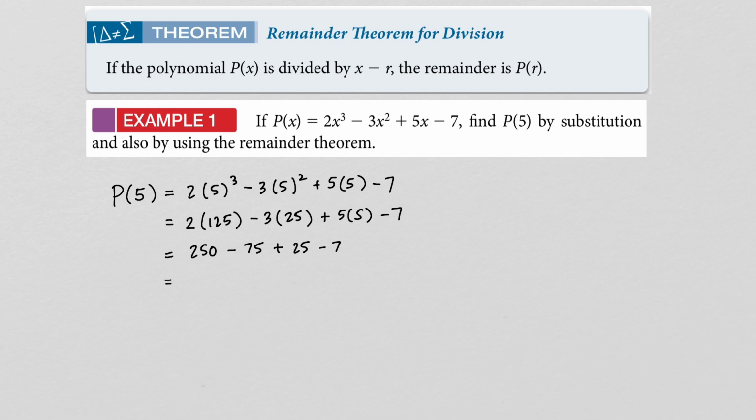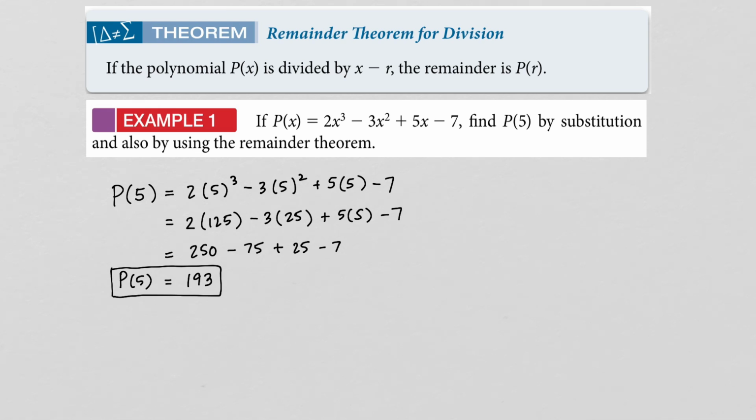And now if we do the math here, we have 250 minus 75, which is 175, plus 25 is 200, minus 7 is 193. So we know that p of 5 is 193, which basically means when you plug in 5 for x, you get 193 for y, right? Because p of x is just the same thing as y.